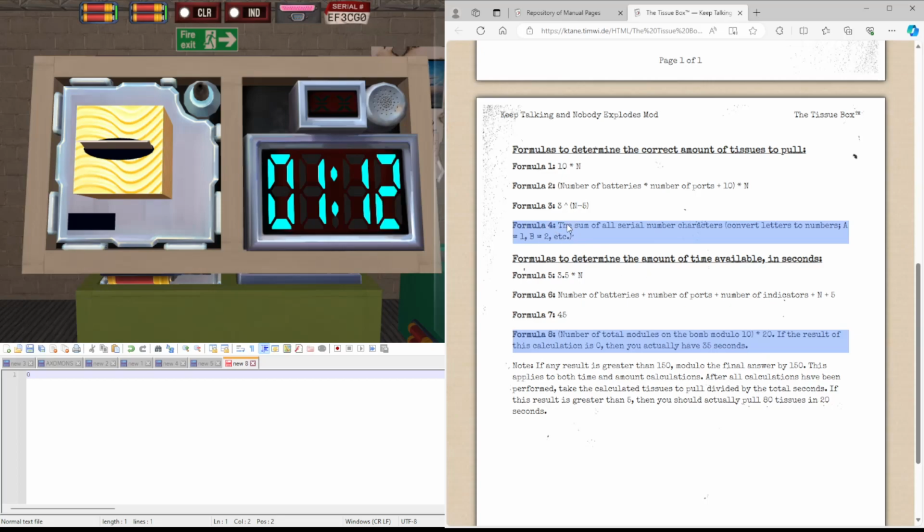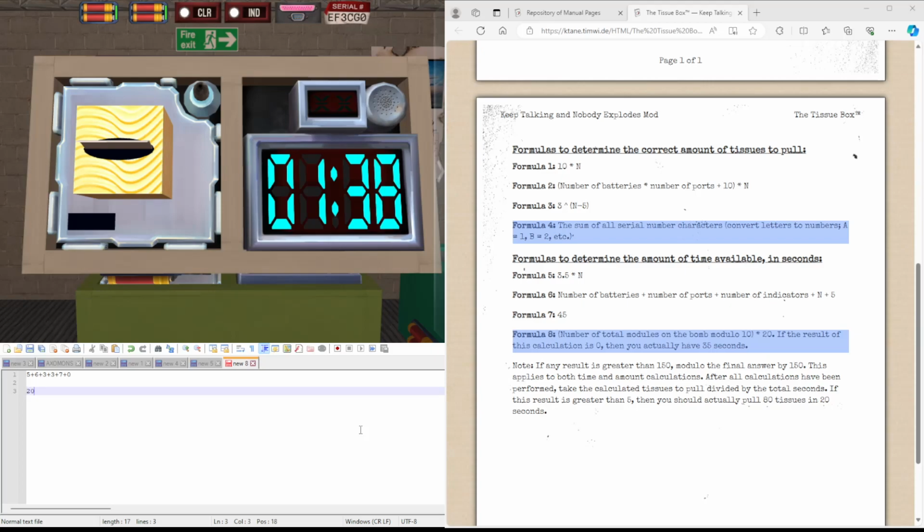So, the sum of all the serial number characters, convert all letters to numbers. So that'd be 5 plus 6 plus 3 plus 3 plus 7 plus 0. And the time we get is total number of modules on the bomb, modulo 10, times 20.